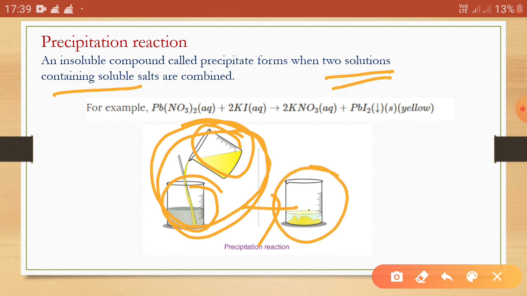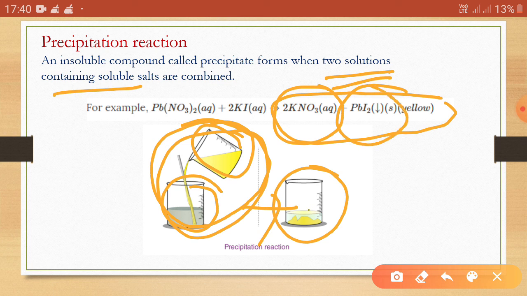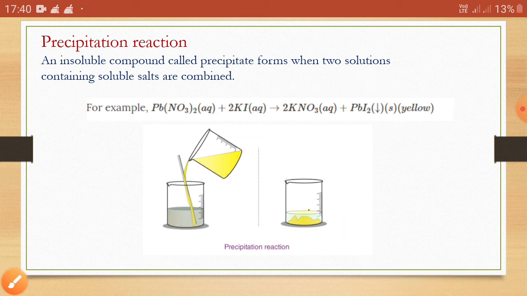Here the products are KNO3, that is potassium nitrate or saltpeter or nitrate of potash, and PbI2, that is lead iodide. So this is known as the precipitation reaction.